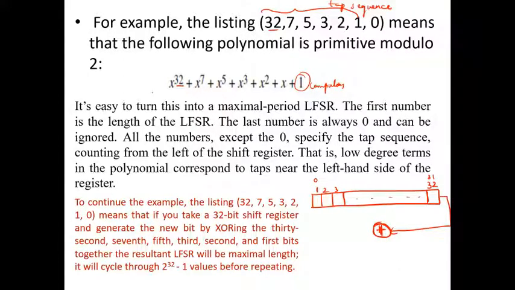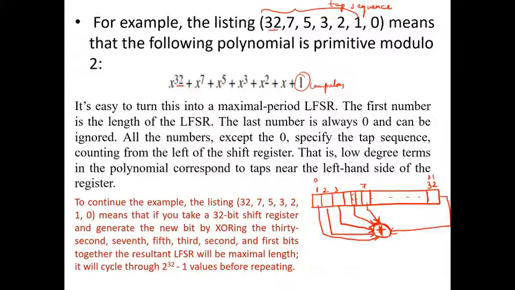I told you this forms the tap sequence. Then the 7th bit should be the input, right? Then the 5th bit should also be connected as input. The 3rd one, 2nd one, and 1st one.